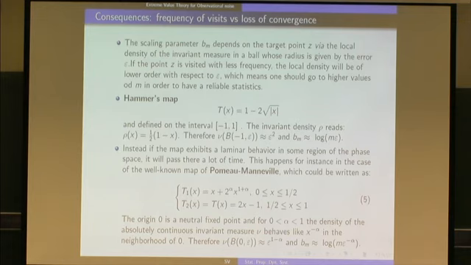This happened, for instance, for this map. This is a very nice map, a smooth map. But the derivative becomes infinity in 0. And this map preserves this measure here. You can check it by inspection. So if you put a ball around the point -1, this ball scales like epsilon square, and this is a rigorous result, because this is Lebesgue.